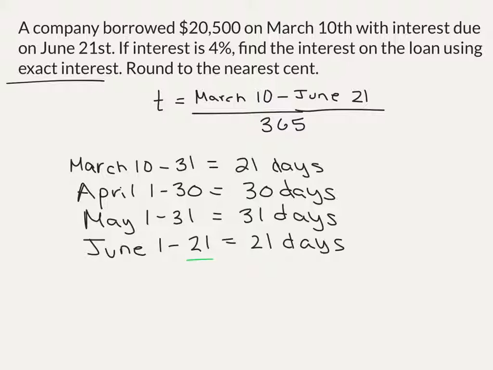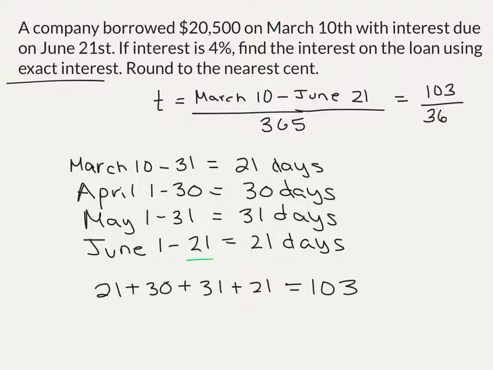And we'll add up 21 plus 30 plus 31 plus 21 to get a value of 103 days. So that means that T is going to equal 103 over 365.